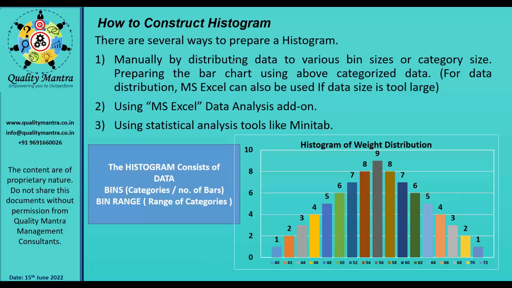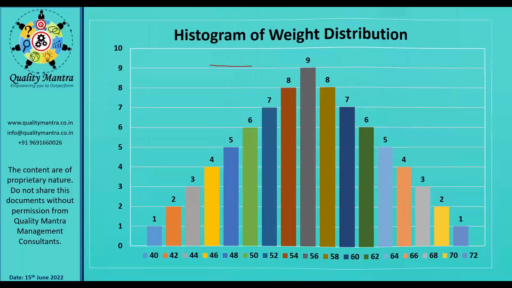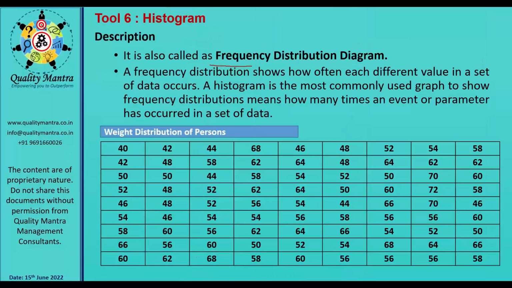So histogram, there are various ways you can use to prepare it. One, you can do it by manually distributing the data. Okay, how you do that? Just like you have done here, you manually distribute, like 40, how many times.